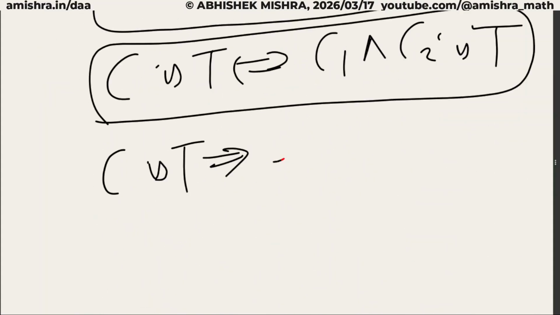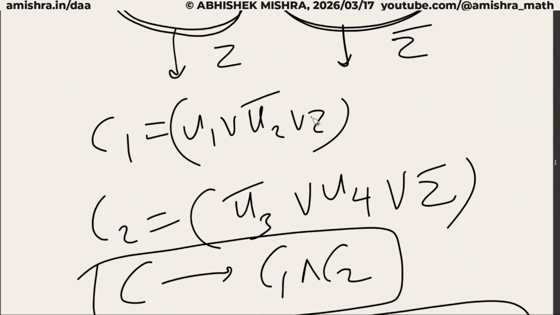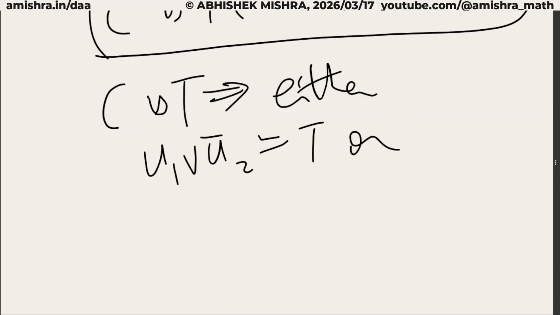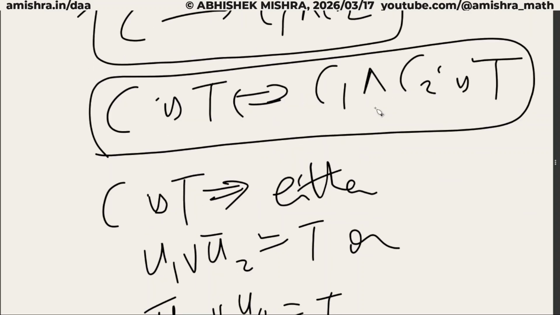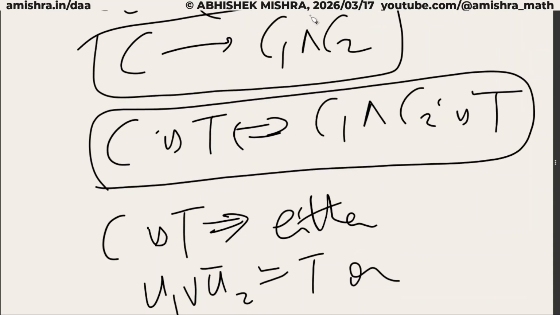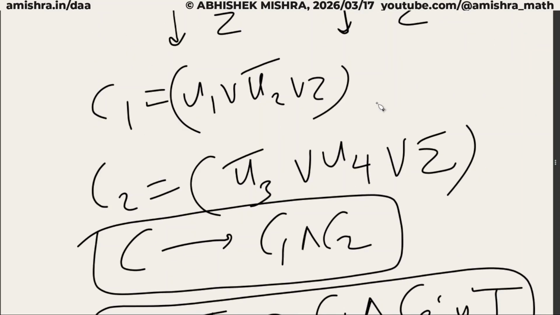So either the first half, u1 or not of u2, is true, or the second half, not of u3 or u4, is true. Now just consider this output C1 and C2. Tell me what assignment to Z we should make.